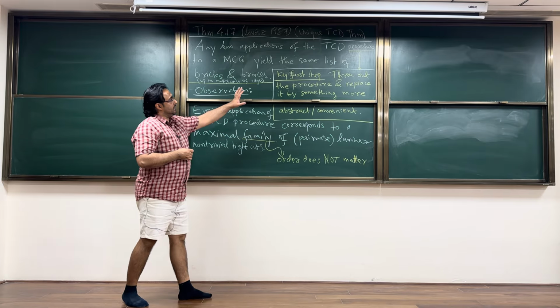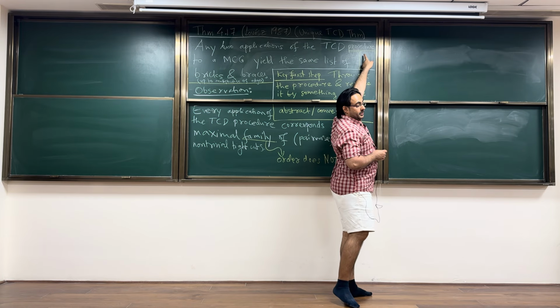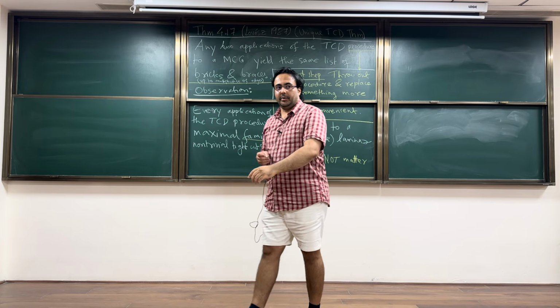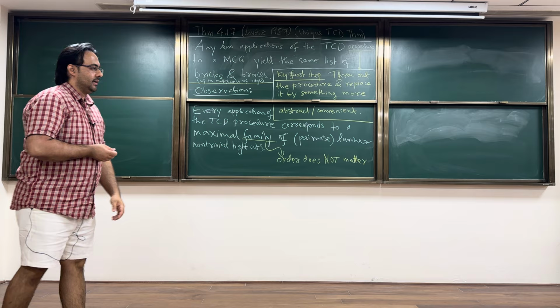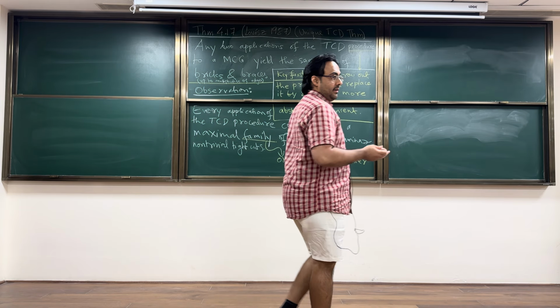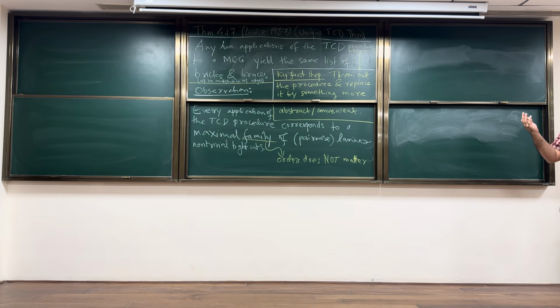The first thing that we observed last time is the big problem in this statement is there is a procedure, and how do you prove something like this? One of the first key observations is that you want to throw out the procedure and replace it by something more abstract or convenient. Every application of the tight cut decomposition procedure corresponds to a maximal family of pairwise laminar non-trivial tight cuts of the corresponding graph, and vice versa.